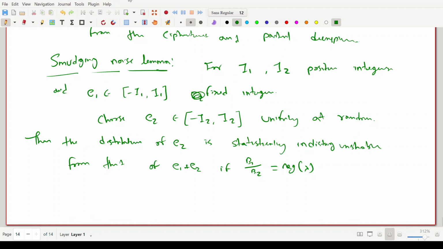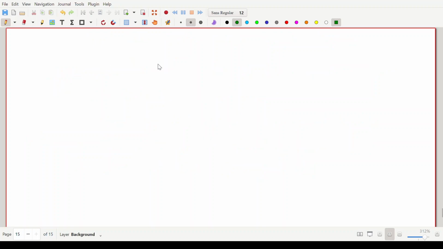Now the adjusted decryption process can be described. Let us describe the decryption process. Assume we have a ciphertext C dash in the expanded form.